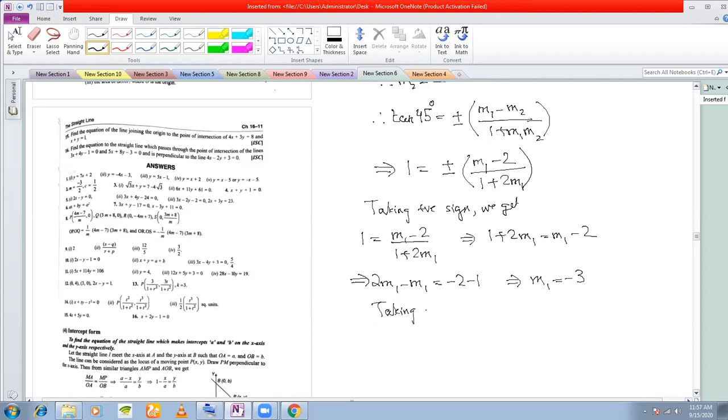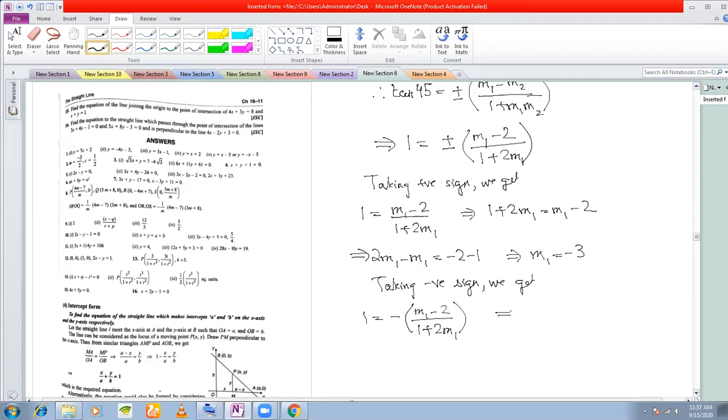Taking the negative sign, we get 1 is equal to minus (m1 minus 2) by (1 plus twice m1). We solve this equation. We get 1 plus twice m1 is equal to minus m1 plus 2.